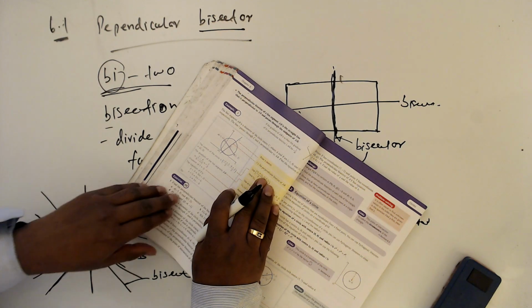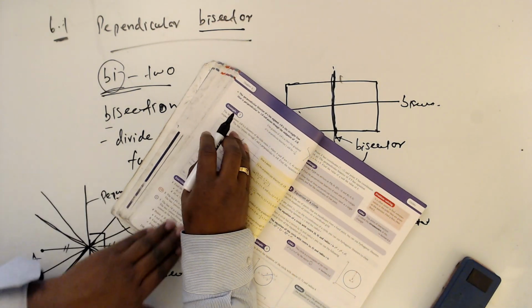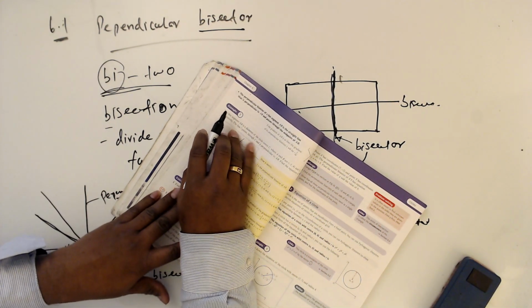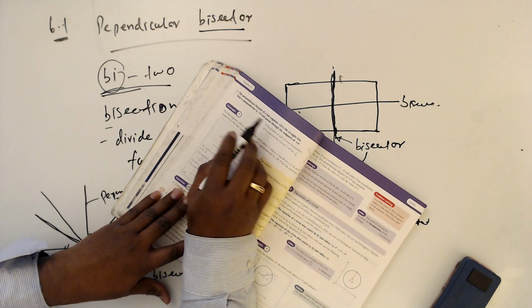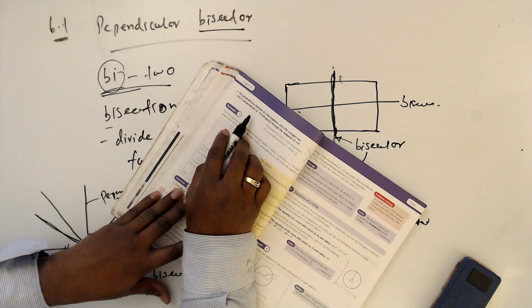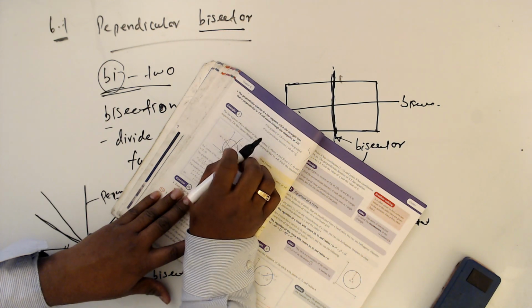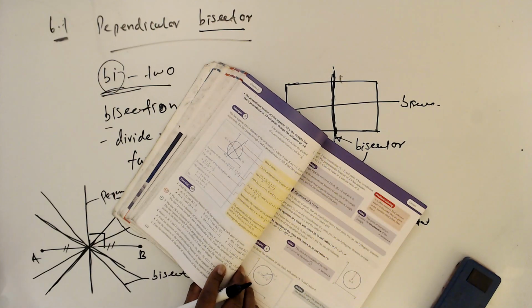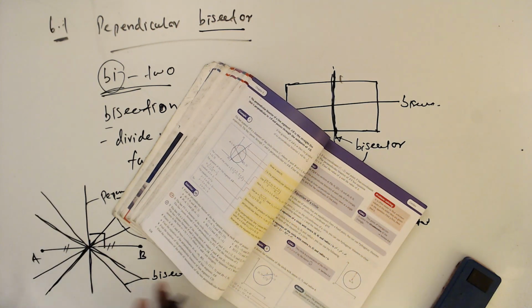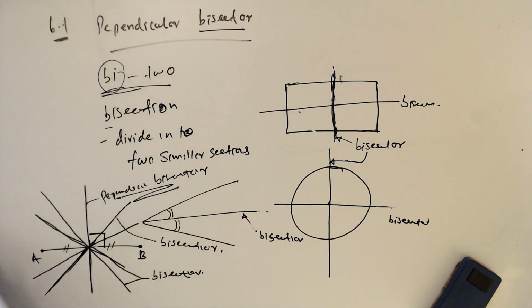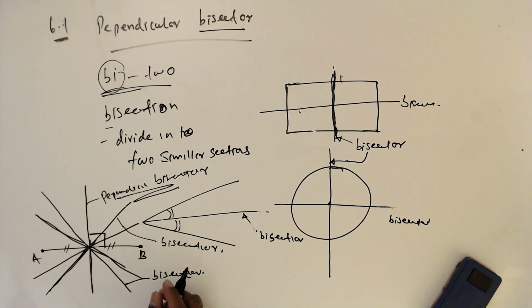In this book it says, page number 116, the perpendicular bisector of a line segment AB is the straight line that is perpendicular to AB and passes through the midpoint. It is perpendicular, and of course it passes through the midpoint, otherwise it doesn't bisect.